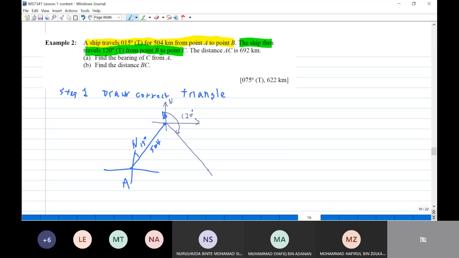Okay, 0, 90, then another 30 is 120, right? Let's say we go to C now. And then finally, the distance AC is 692. So maybe I have to draw a longer one. Let's say C is here now. The distance from A to C is 692. So from here I can join them.